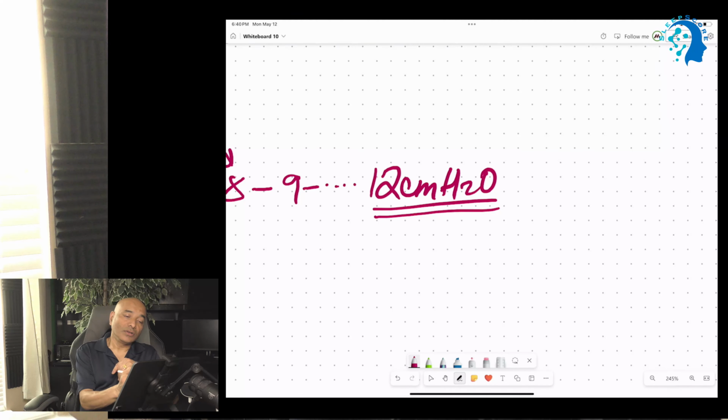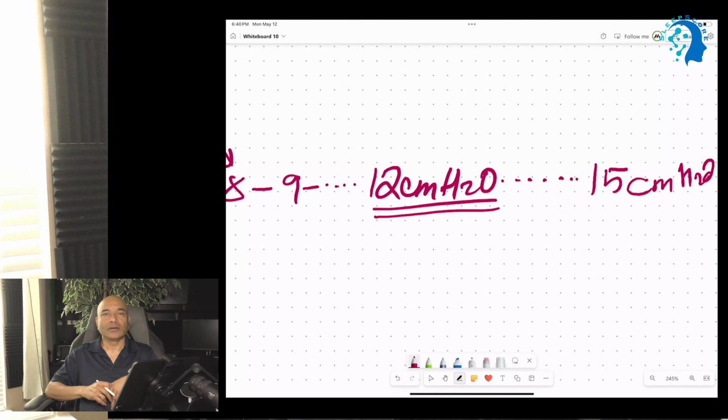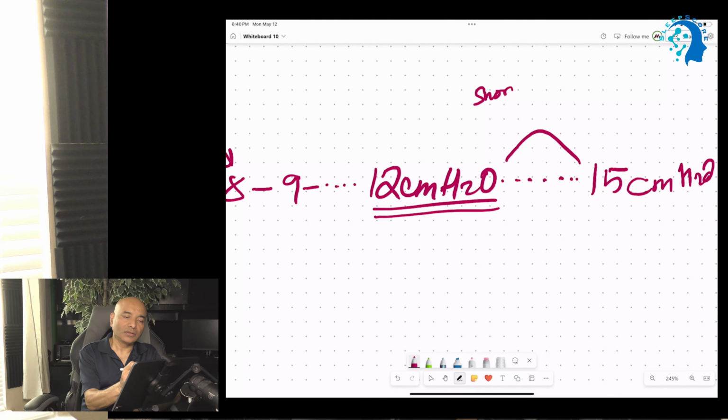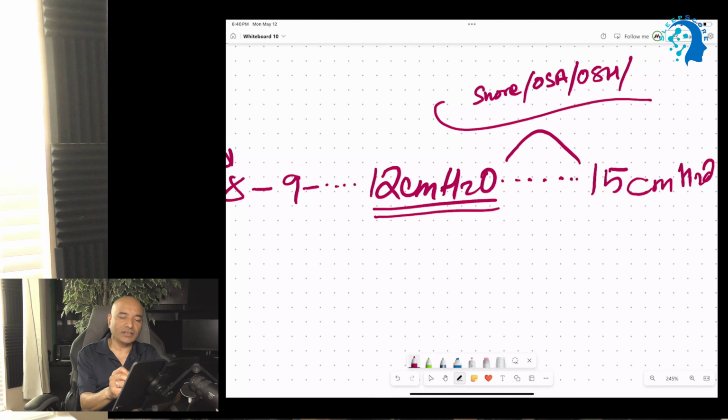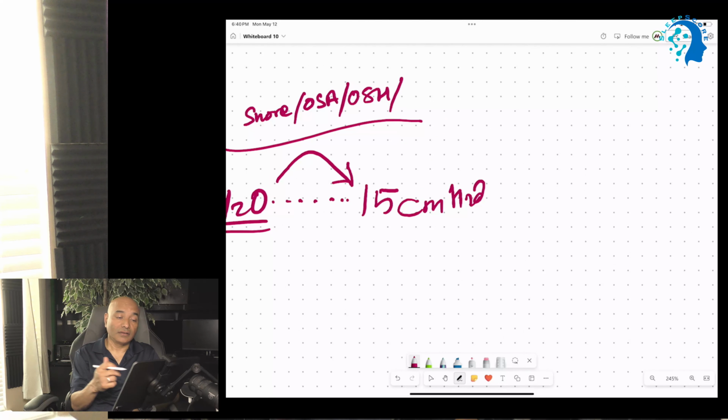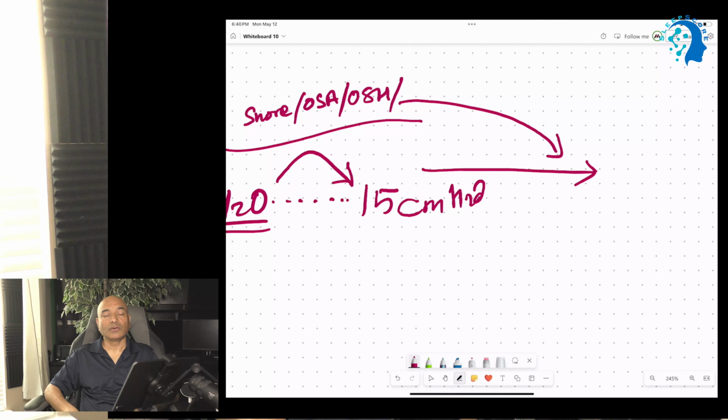Now you increased to 15 pressure. You saw snores, OSA, OSH, and you increased up to 15. Your pressure is 15, but you still see these things. Now, what to do? Pressure 15 is very high.